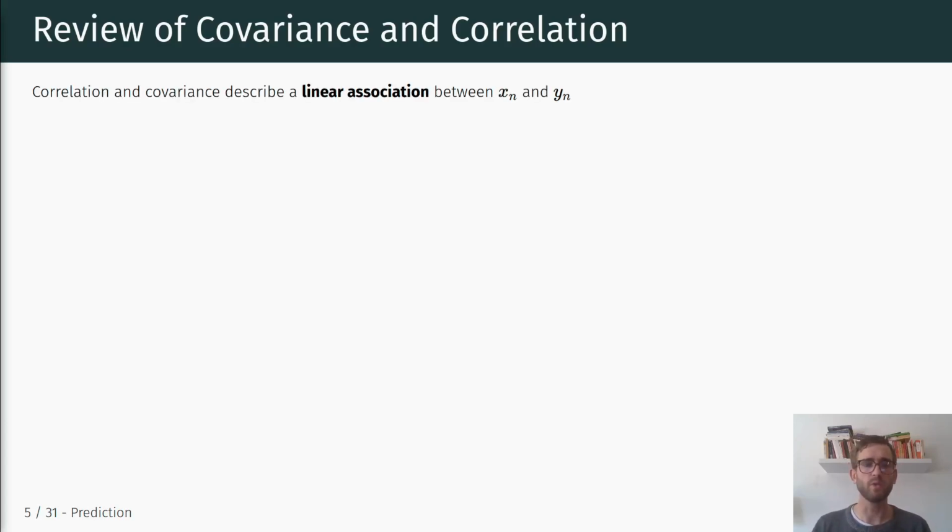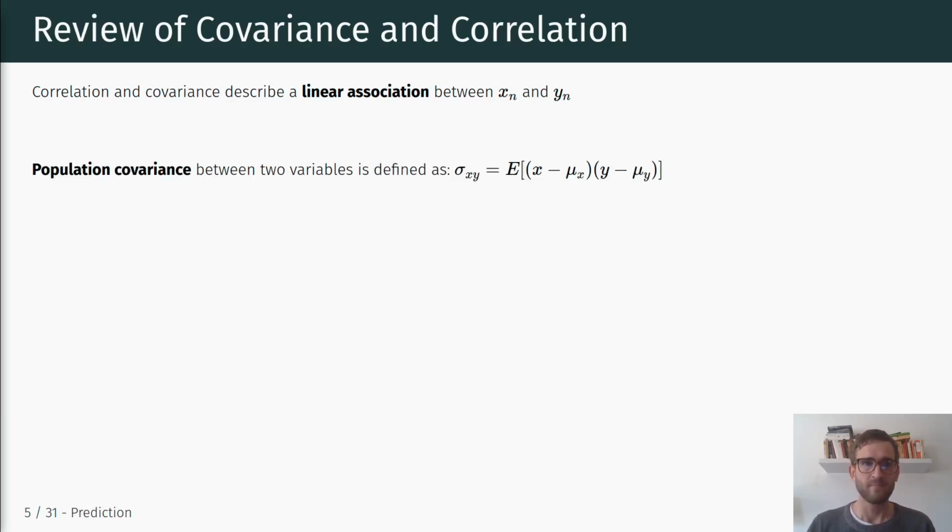Remember that when we introduced correlation and covariance, we said that the correlation and covariance describes a linear relationship between two variables, in this case now xn and yn, where the subscript n indicates individual observations. Now, the population covariance between two variables can be defined as, here we use sigma squared and Greek letters in general for population parameters.